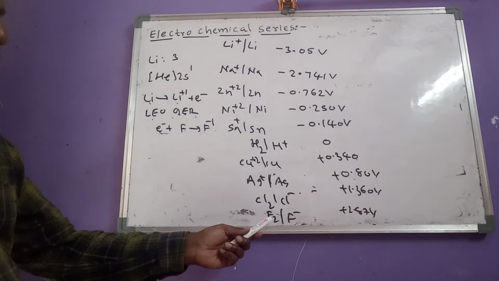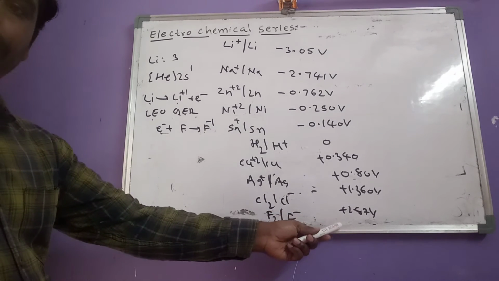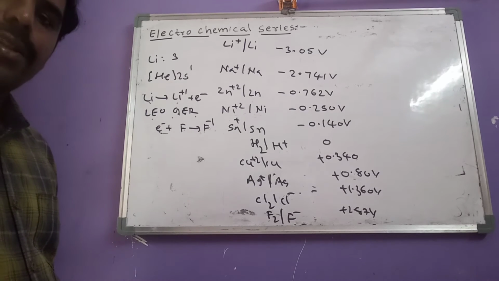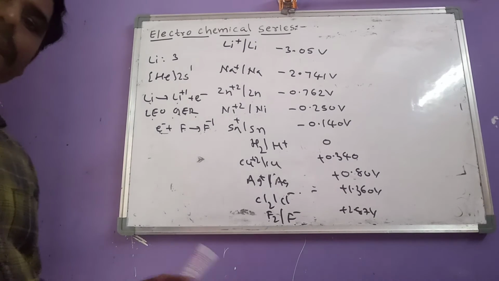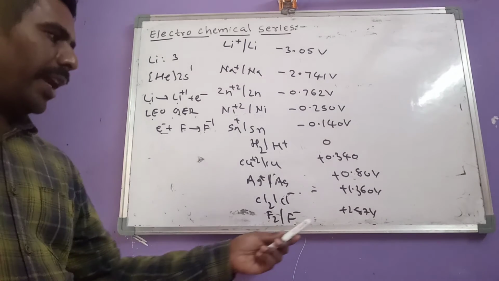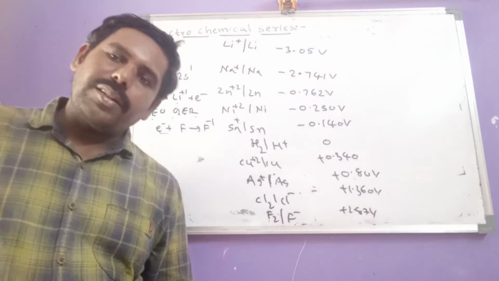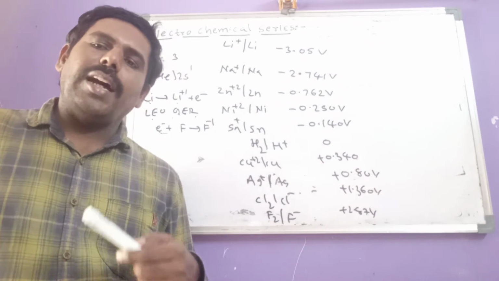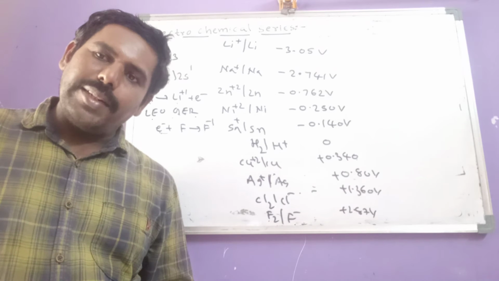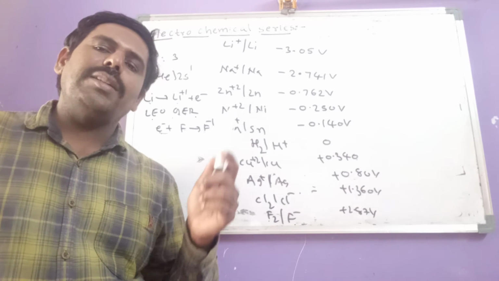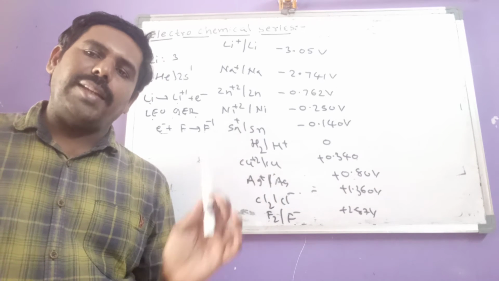But here if you observe, fluorine is having the highest E0 value. So what is the generalization now? The electrode which is having the highest E0 value undergoes reduction itself and acts as oxidizing agent.